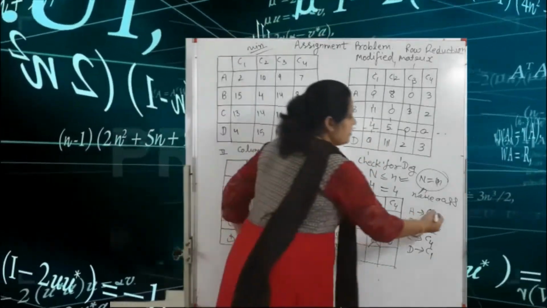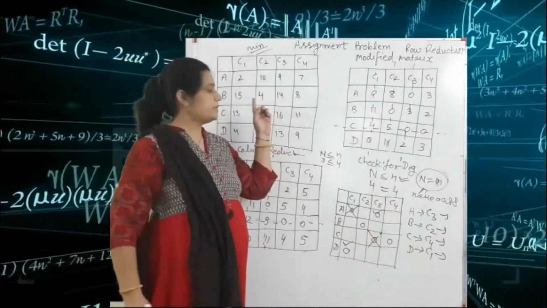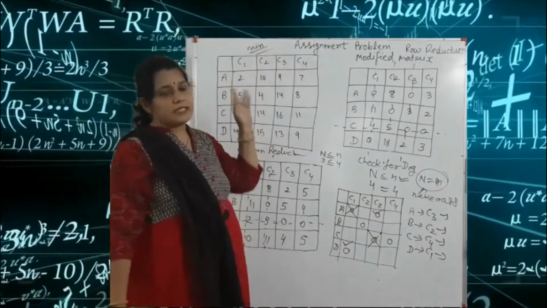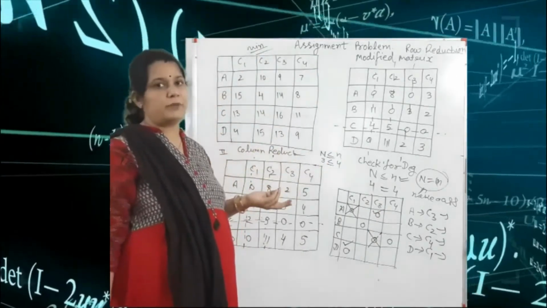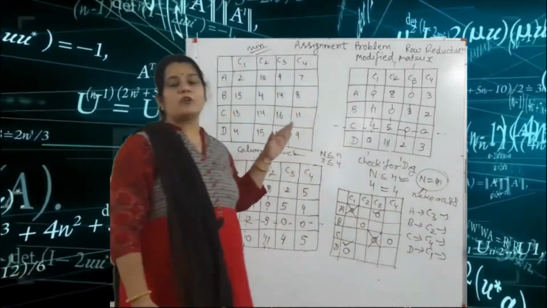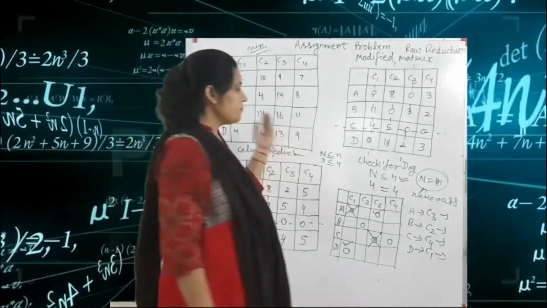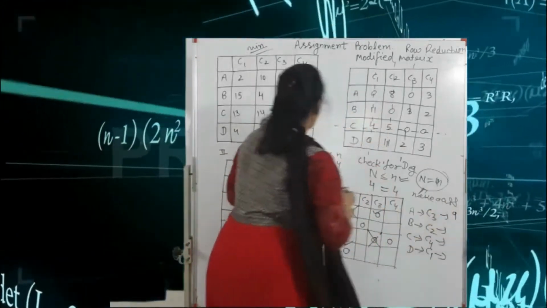So here we write the values according to our question, because here the question is given in minimization form. If a question is given in maximization format, we also write only the values of the maximization question. So A tends to C3, that means we write the value 9.